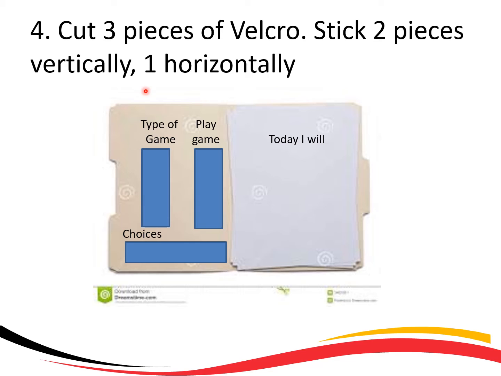So you're sticking 2 pieces vertically up and down, so these 2 are parallel to each other. And the choice velcro strip is horizontally, right to left, side to side.